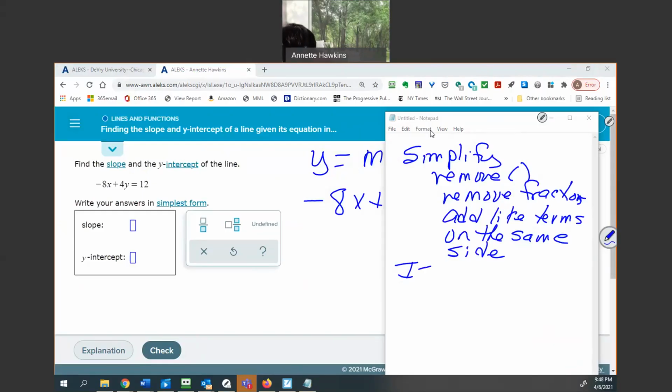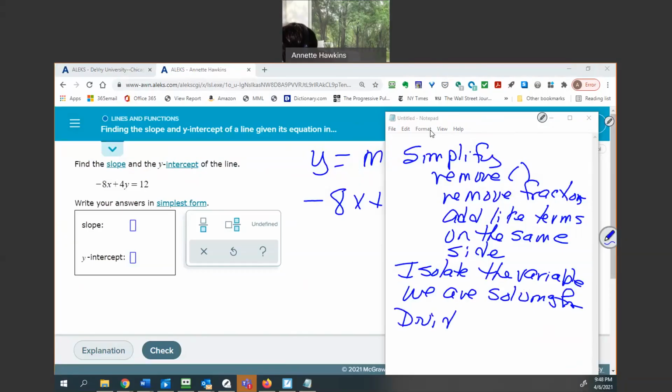Then we isolate the variable we're solving for. And then we divide by the coefficient of the variable we are solving for.